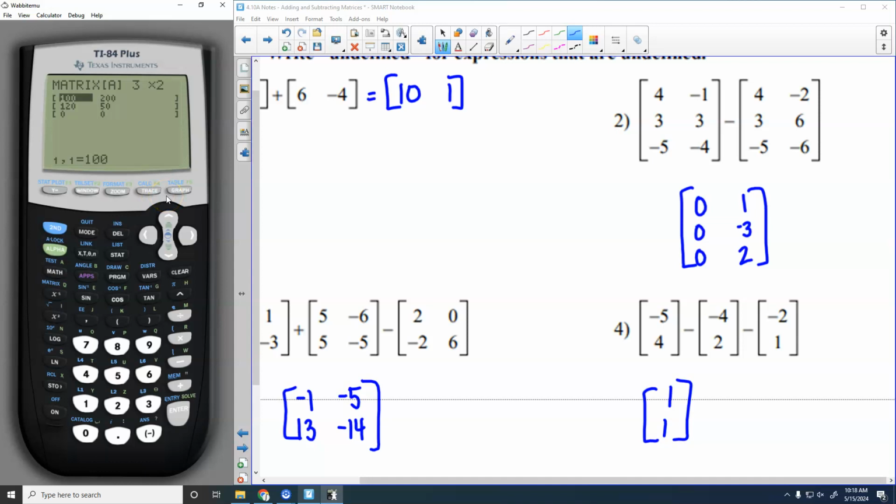Yours is probably, I already had a matrix in, so that's probably okay. So you're going to type in your data. So just hit 4. It'll go to the next one, -1, 3, 3, -5, 4, and double check that you have all of your numbers in correctly.